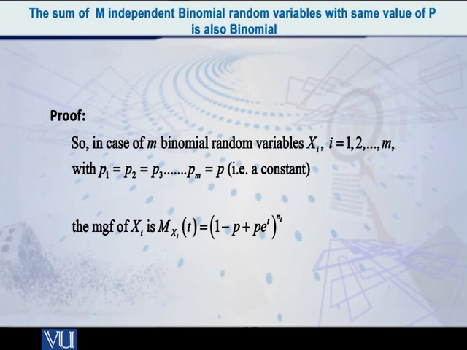In this case, my dear students, what will be the algebraic expression of the MGF of the ith variable Xi? देखिए, पहले हमारे पास था MX(t) और एक्सप्रेशन था (q plus p e raised to t) whole raised to n. अब हमारे पास होगा MXi(t) और उसका जो एक्सप्रेशन होगा that will be (q plus p e raised to t) whole raised to ni. बात ये है कि हमने ये कहा था ना कि p is constant, लेकिन हमने ये तो नहीं कहा कि n is also constant.